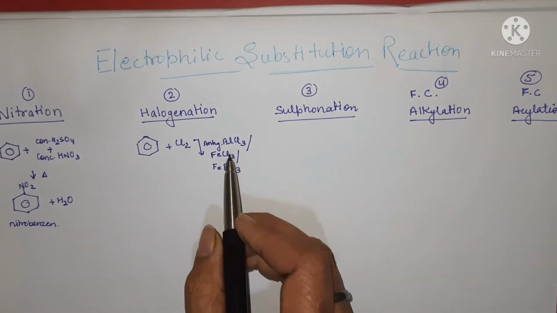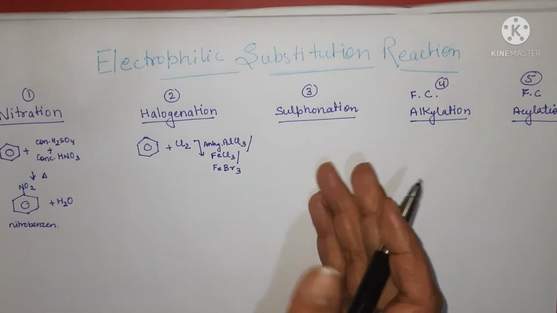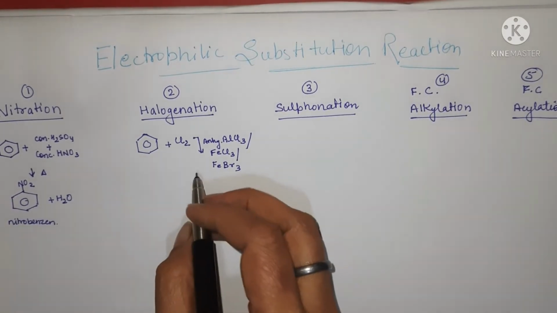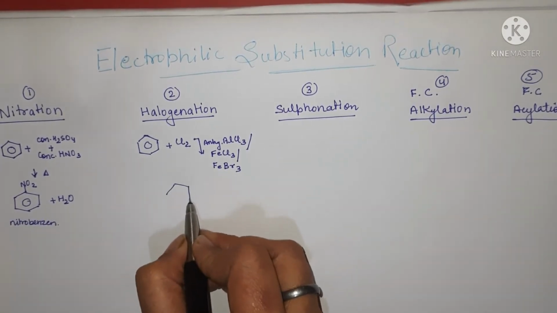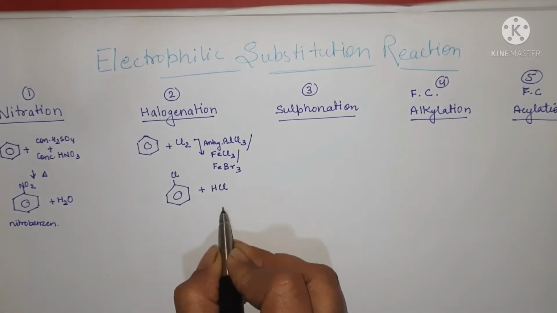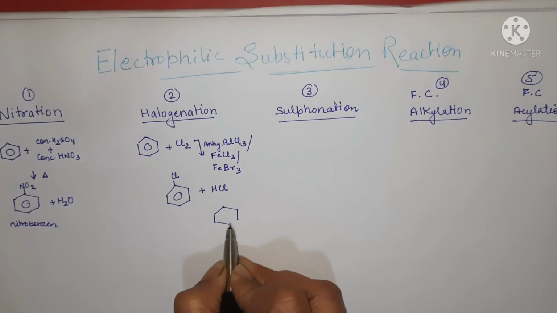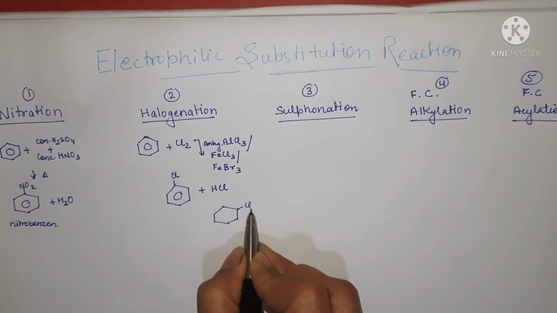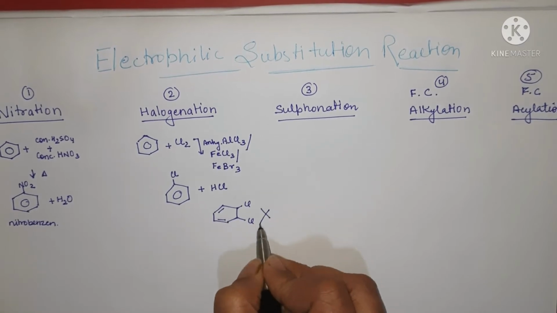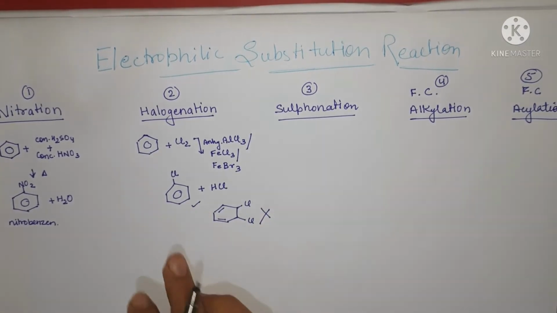There are different Lewis acids, FeCl3 and FeBr3 also. It will convert benzene into chlorobenzene and HCl. We do not get this product, but we get this product.